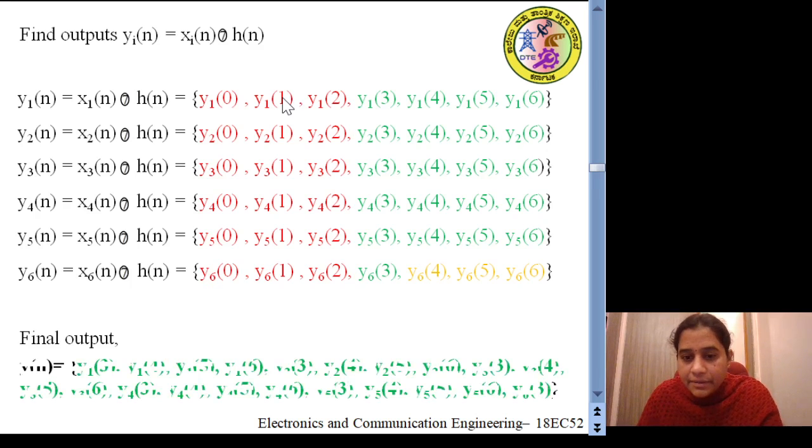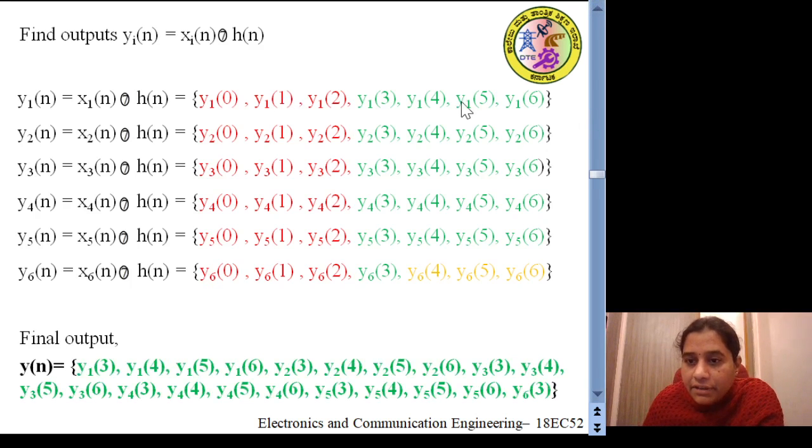You can observe here. Whatever samples are represented in green color, we are saving those. Observe y1 of 3, y1 of 4, y1 of 5, y1 of 6. Next, y2 of 3, y2 of 4, y2 of 5 and y2 of 6. Next, y3 of 3, like that, till y5 of 6 and y6 of 3.